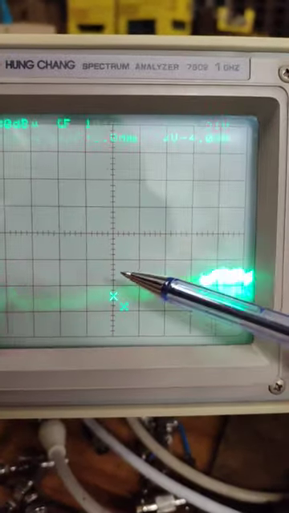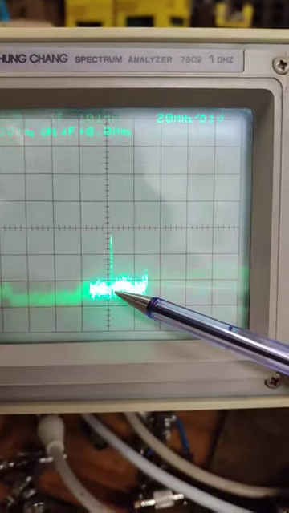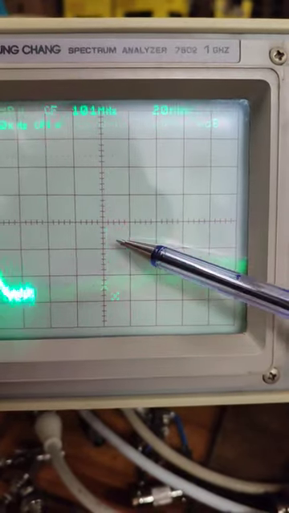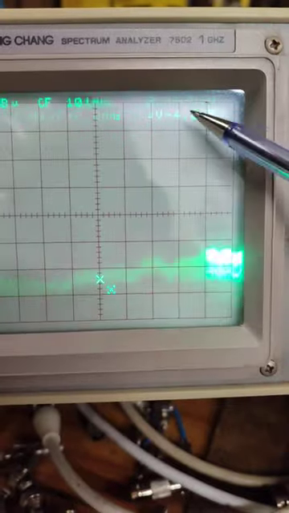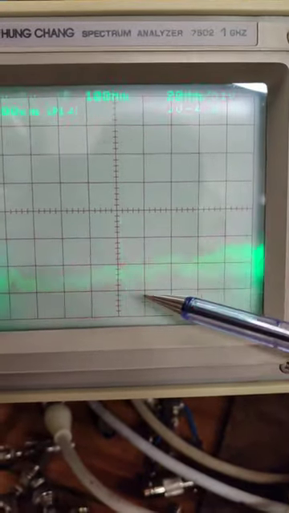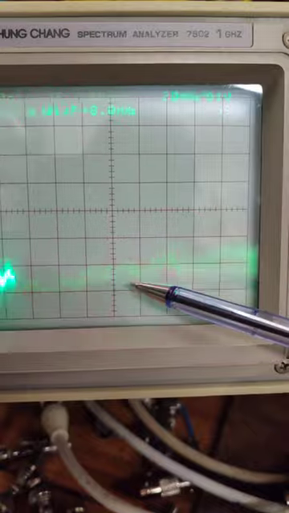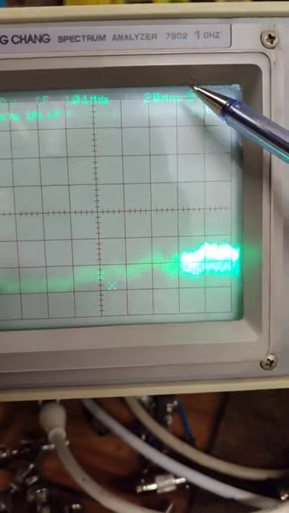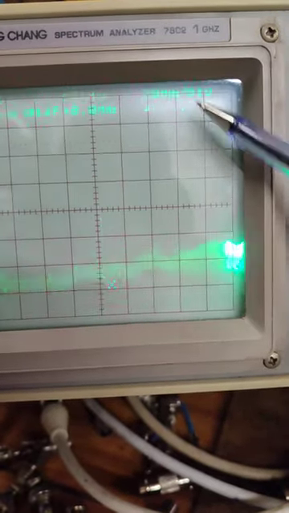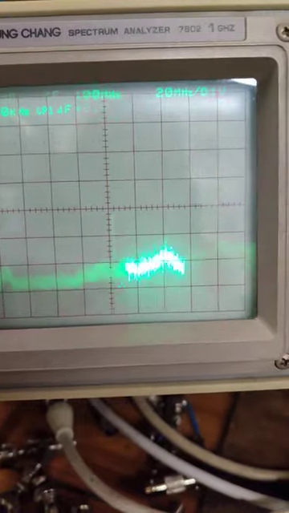Okay, right now I have brought it from the maximum, which was 26, down close to my 0 reference line. From here to there, it's actually minus 4 dB. The noise is still present.